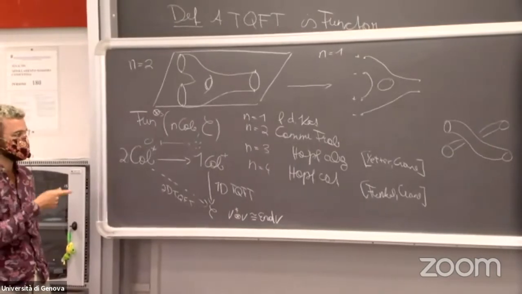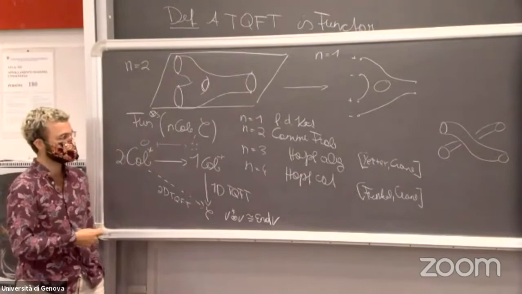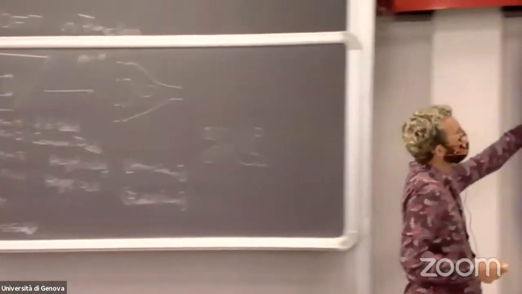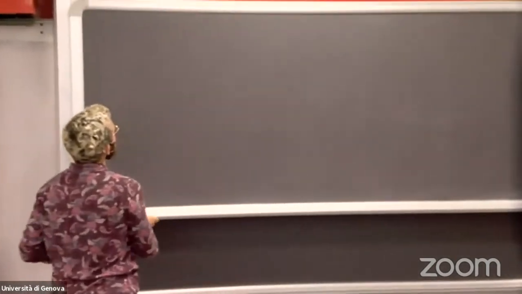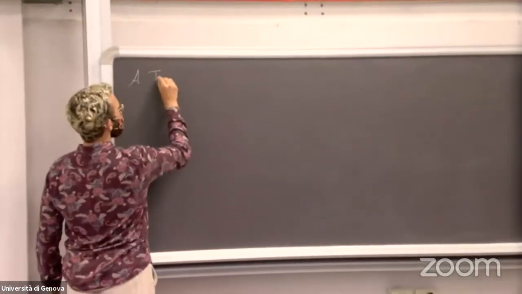What our next step is, is to look at endomorphisms, but not of finite dimensional vector spaces, but of Frobenius algebras. So let A be a Frobenius algebra.